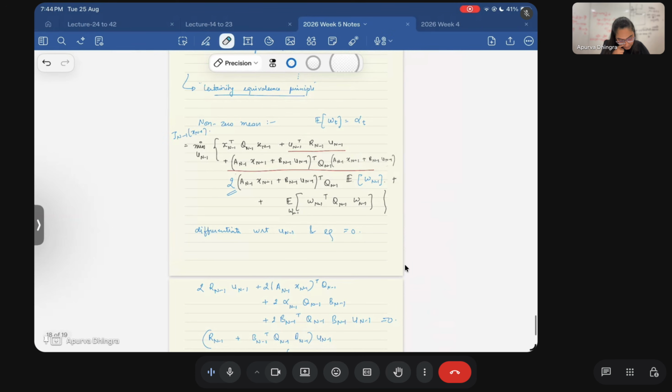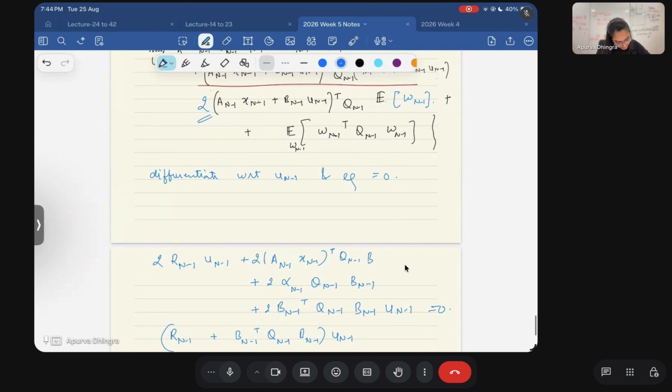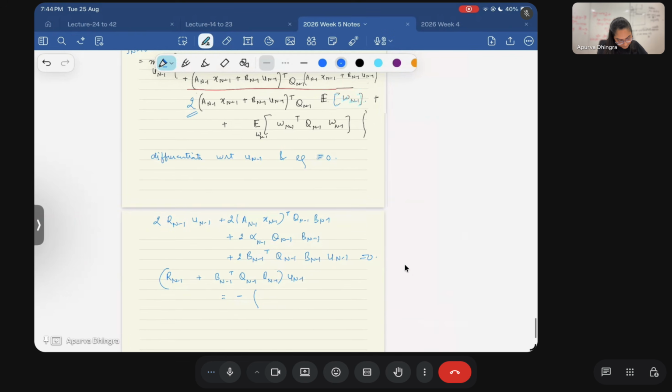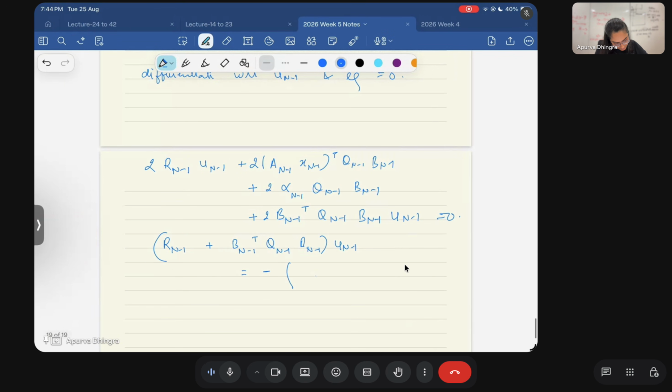hold on, did I make a mistake in how I've written it? Okay, there's supposed to be a bn minus 1 here. Okay, so this is the same as before, plus there is this offset factor.